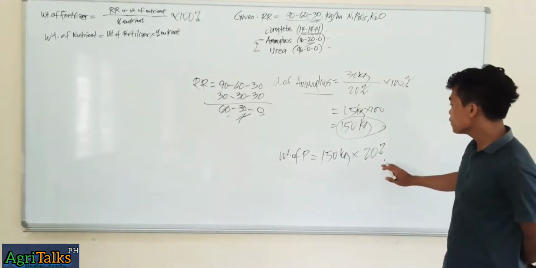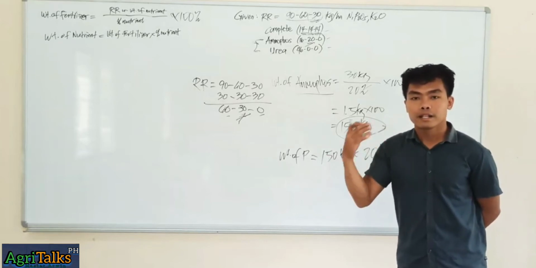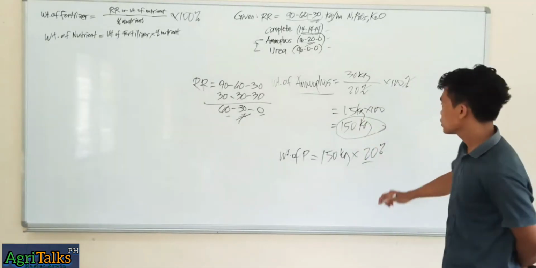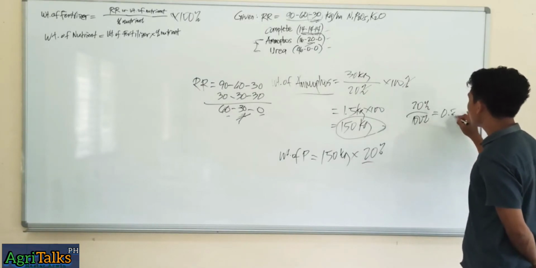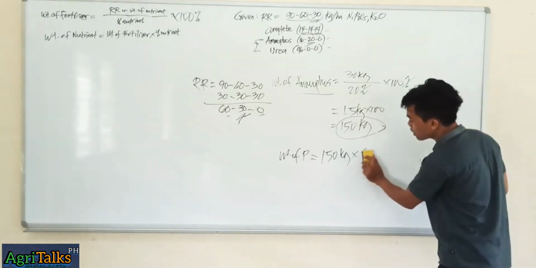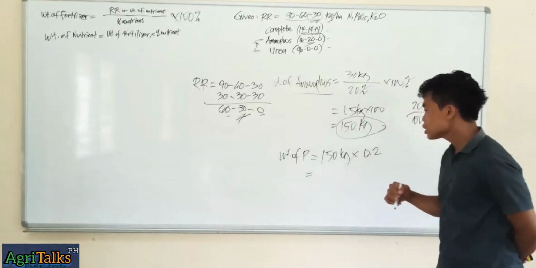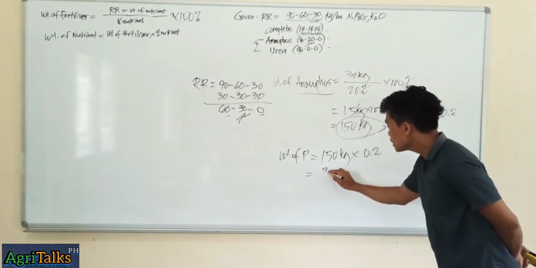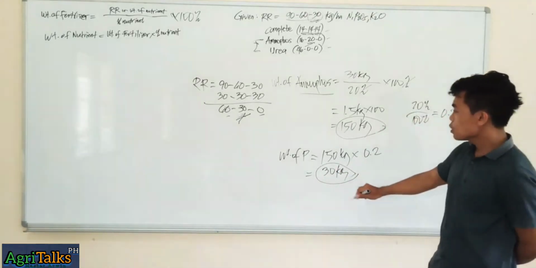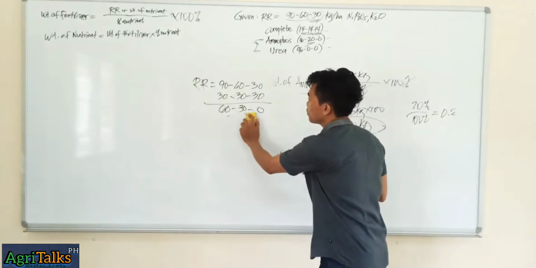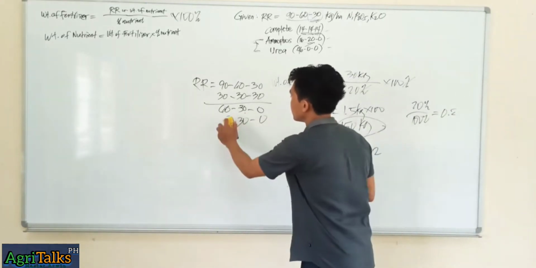Again, instead of using percentage, we will use the equivalent decimal number of this percentage. So 20% divided by 100% is equal to 0.2. So instead of using 20%, we will use 0.2. The answer now would be 30 kilograms. So here, we can subtract 30.